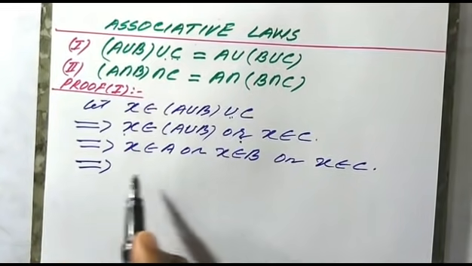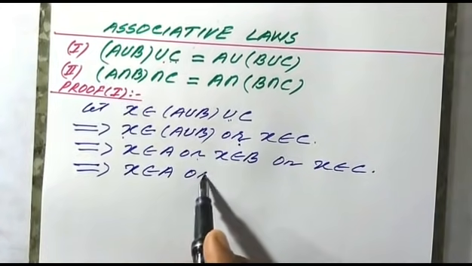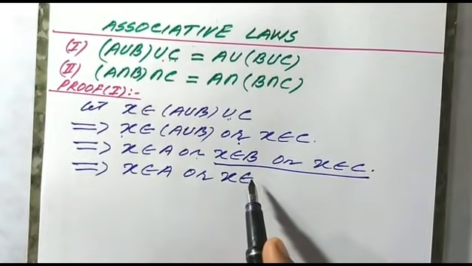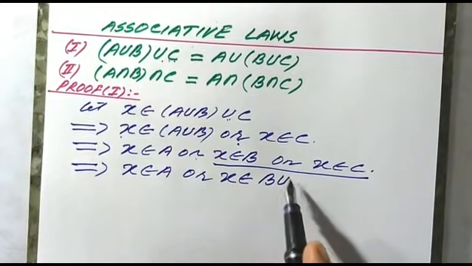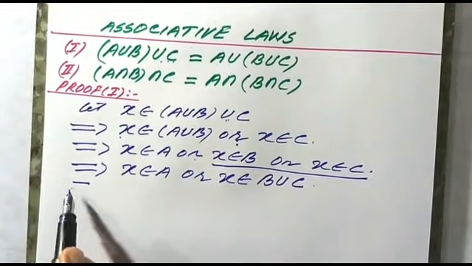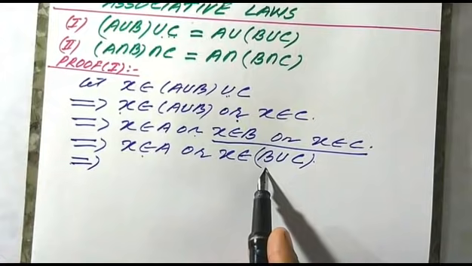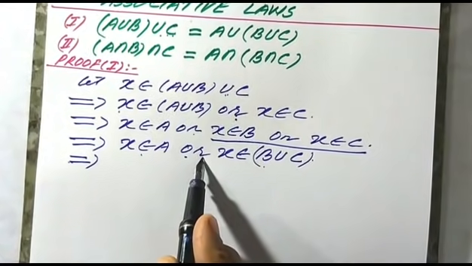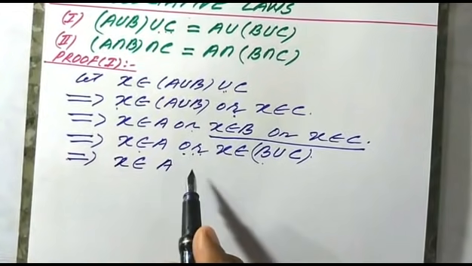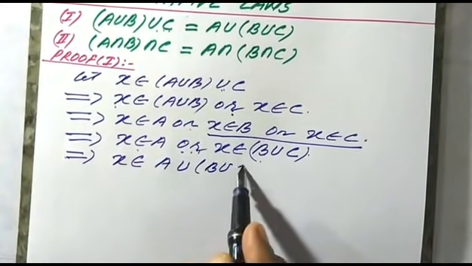So in the next step, we may write it as X belongs to A as it is, or, as it is, and we combine these two statements as X belongs to B union C. So it implies that now we may combine these two statements for the word OR. So it implies X belongs to A union (B union C).